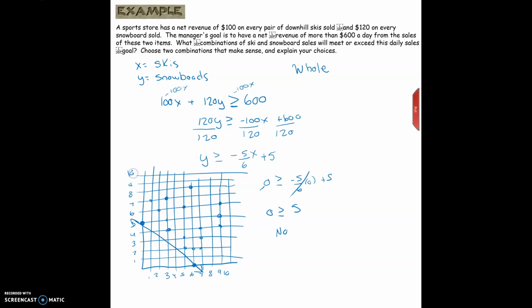So in the second part, when it asks choose 2 combinations that make sense and explain your choice, I can have, let's see, snowboards is my Y. So I'm just going to put that up here, snowboards. And my x-axis is my skis.